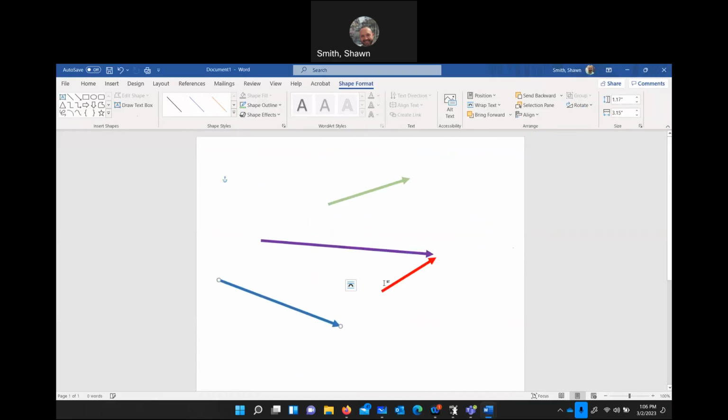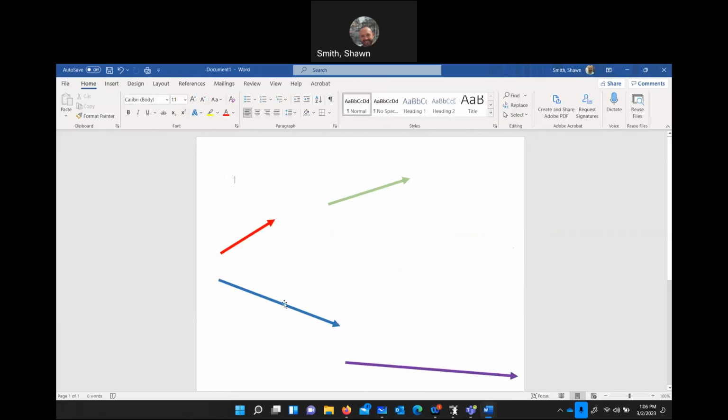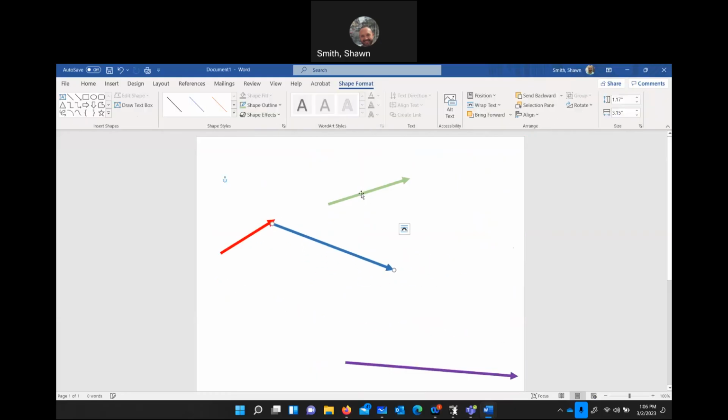So let's do red plus blue plus green. End result would still say, let's just do this purple, but it would be beginning all the way to end like that. That would be your sum of those 3 vectors.